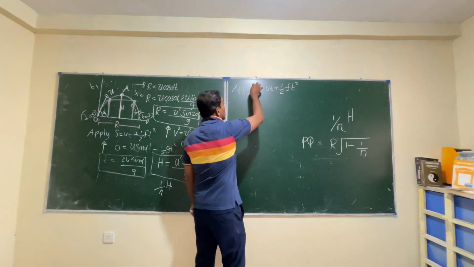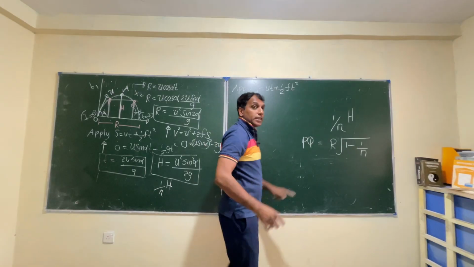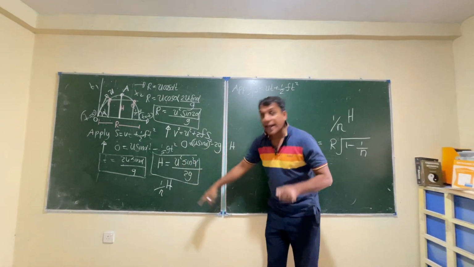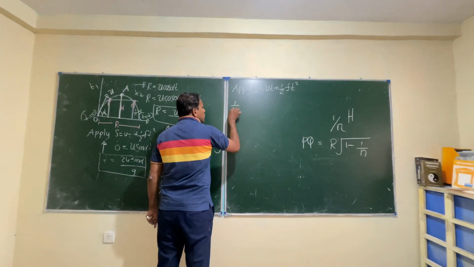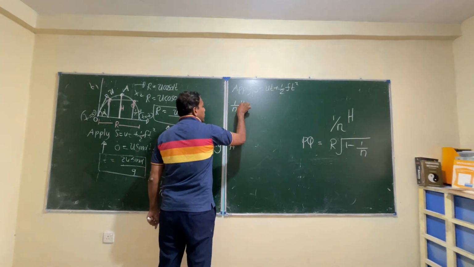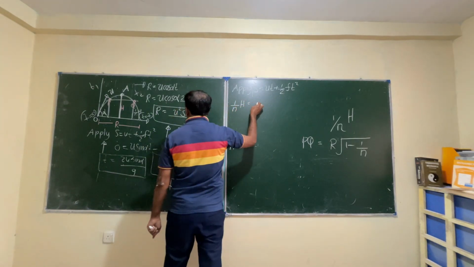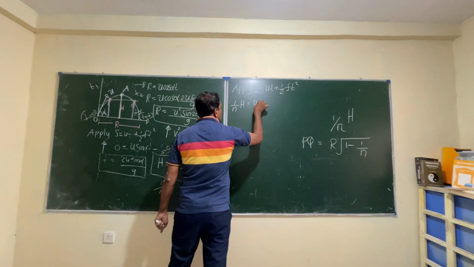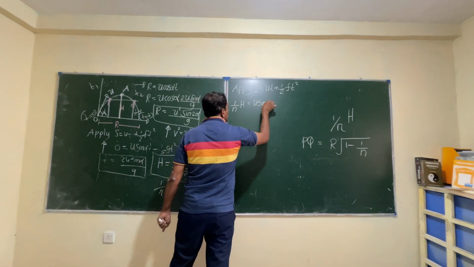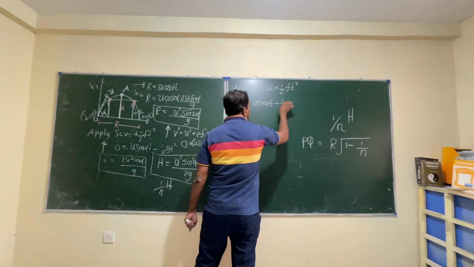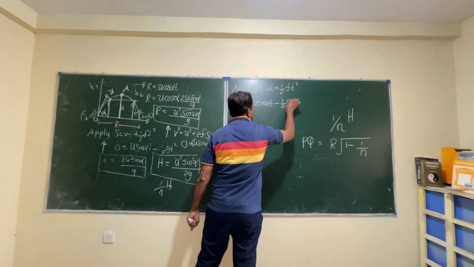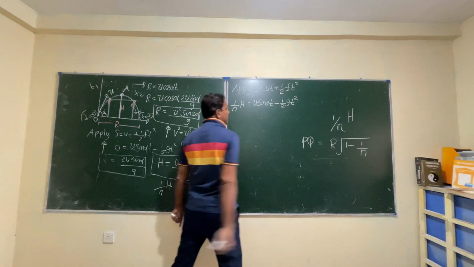Vertically upwards the height is 1 nth of the capital H. What is the vertical velocity? u sin alpha into T, minus half gt square under gravity.